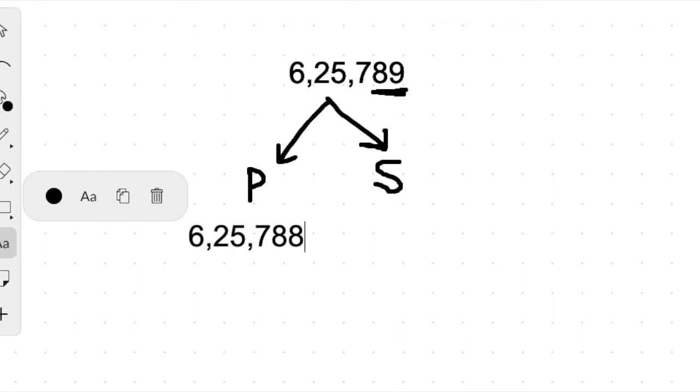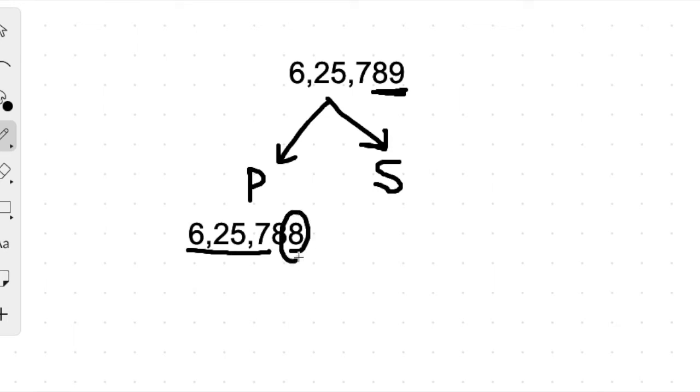You can see that we didn't change any of these digits. We just changed this last digit, which was 1's digit. So we all know that before 9 it is 8. So we wrote this 8 here. So the number will be 6,25,788.